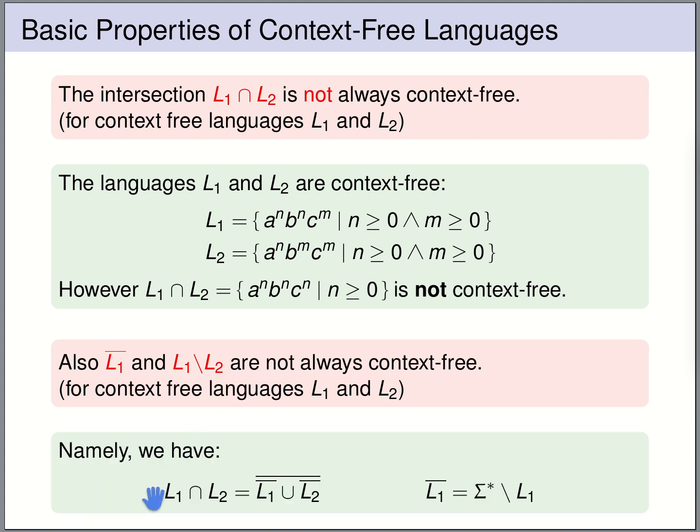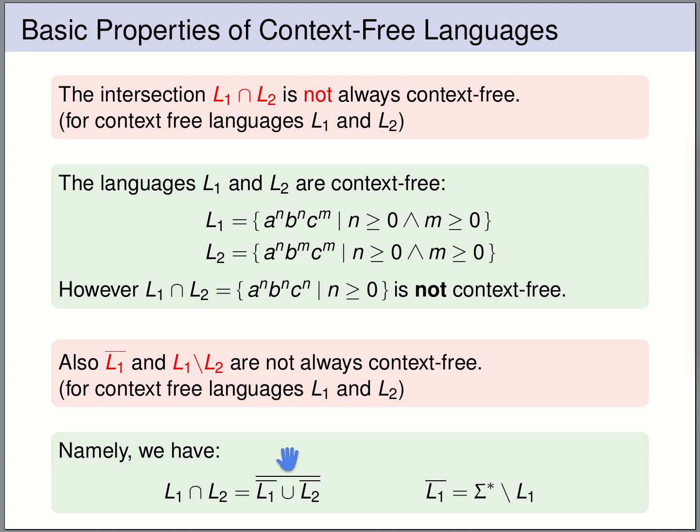The intersection of two languages, L1 and L2, can be expressed as follows. The intersection of L1 and L2 is equal to the complement of the union of the complements of L1 and L2. So the intersection can be expressed by union and complement.